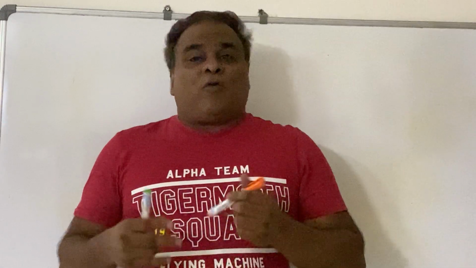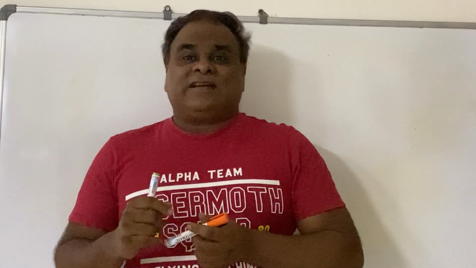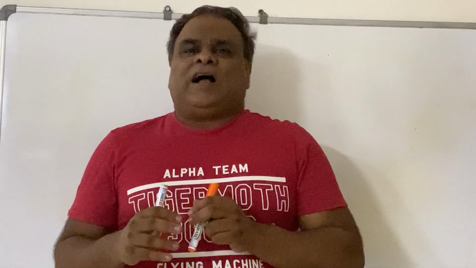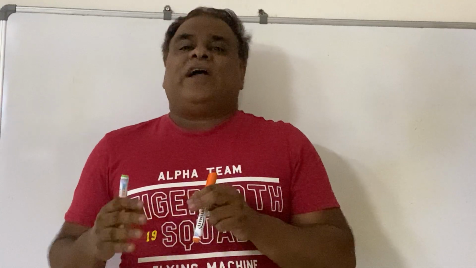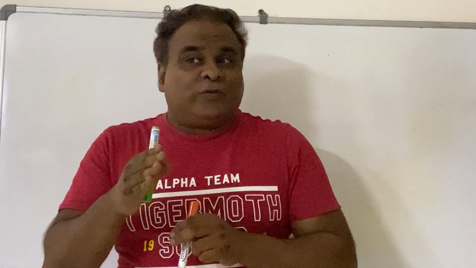Now, see, what is the magnitude of i? 1. Direction along x-axis. See, the point is, when I am telling force 5 Newton along x-axis, we understood the magnitude is 5 Newton and the direction is along x-axis.